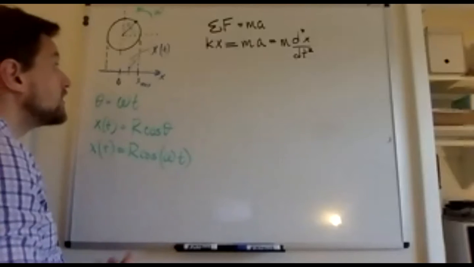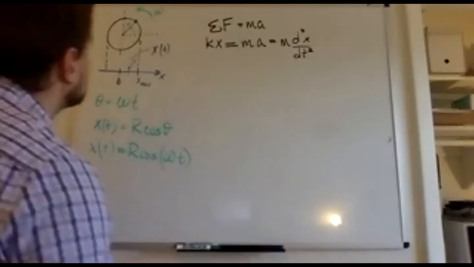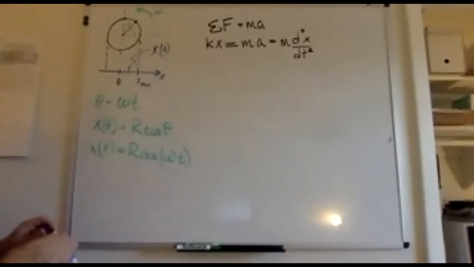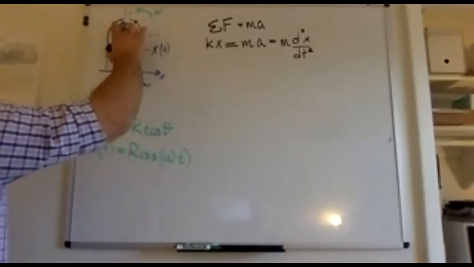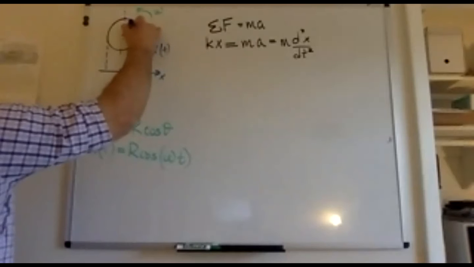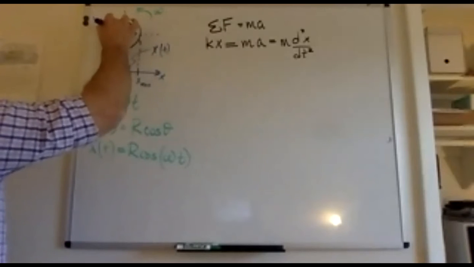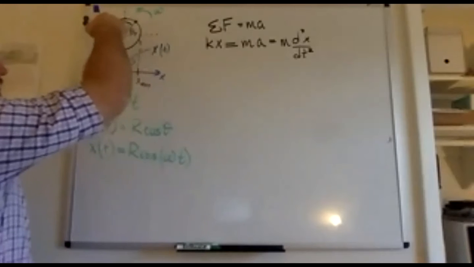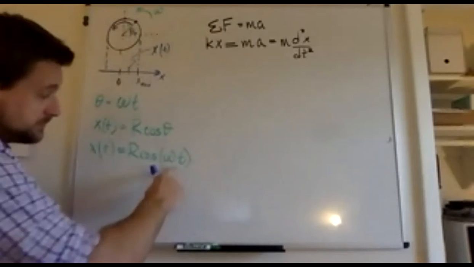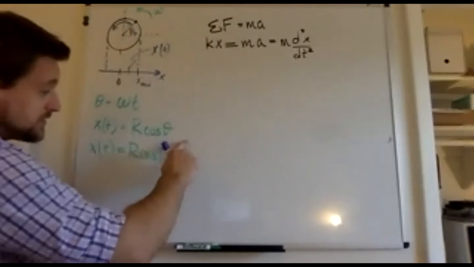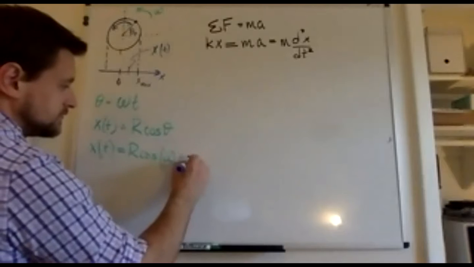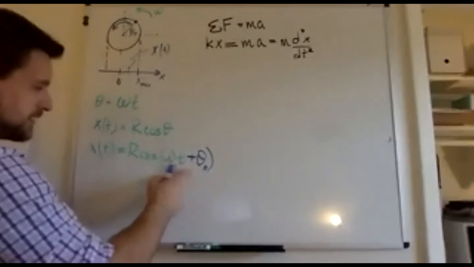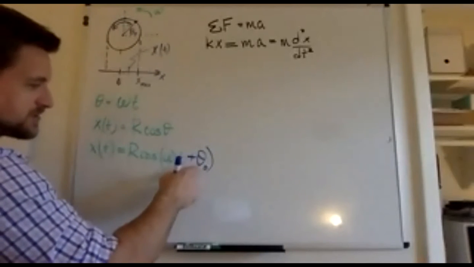If we had started from not theta equals 0, in other words, what if we started from here, theta 0, and then continued rotating past that? Well, okay, we still go through a delta theta according to omega t. We just started somewhere originally. So we go this far after having started from here.